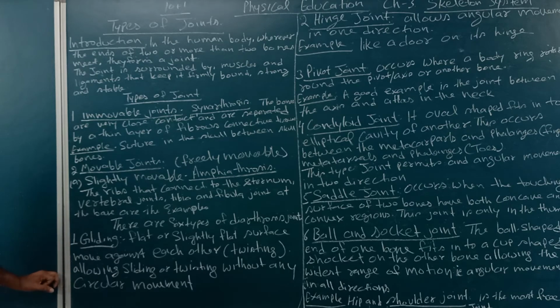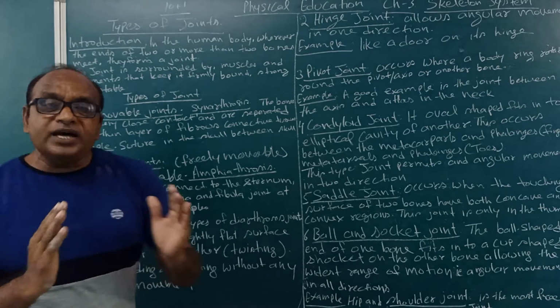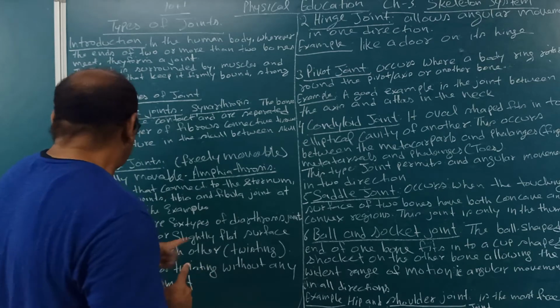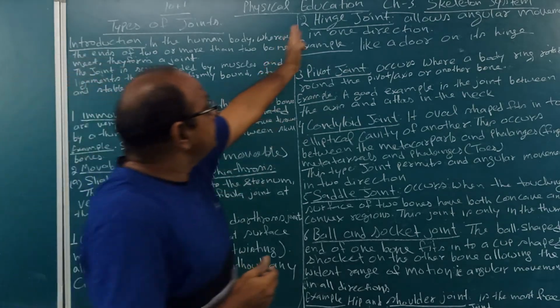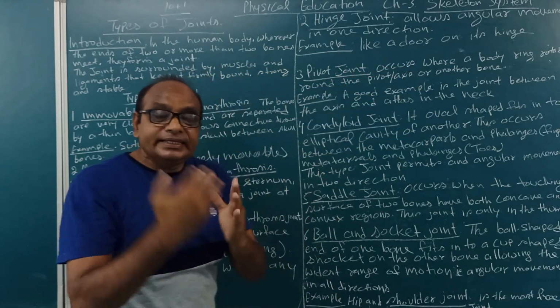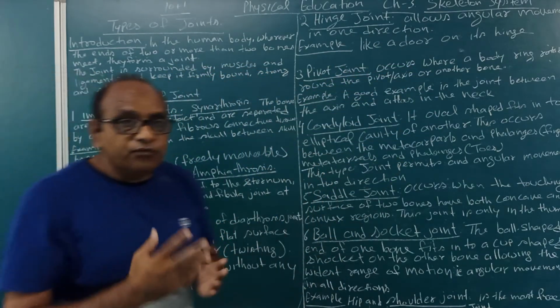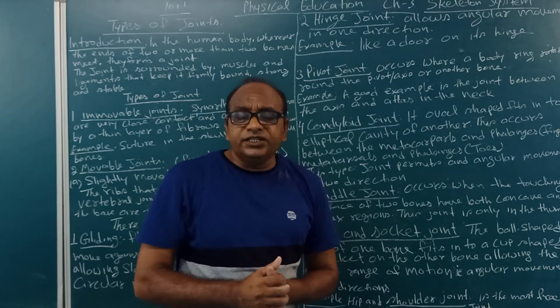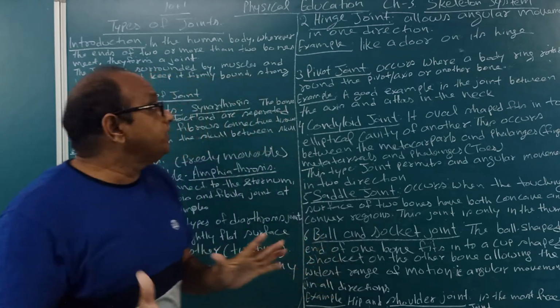Number 1 is gliding. They are flat or slightly flat surfaces that move against each other. And twisting is the best example of these gliding joints. Next is hinge joints. It is like a door on its hinge. Here, flexion and extension are permitted only.